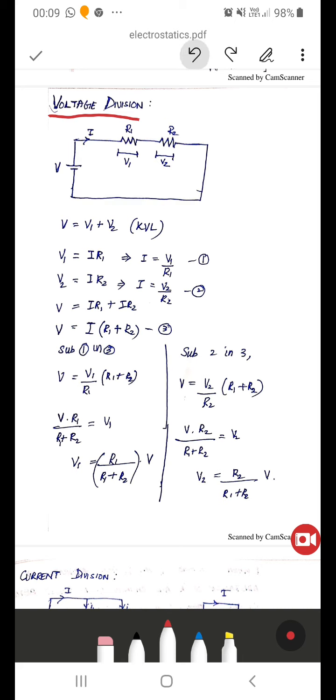If it is in series, then current remains constant and voltage divides. This can be easily remembered: current remains constant and voltage can be divided.